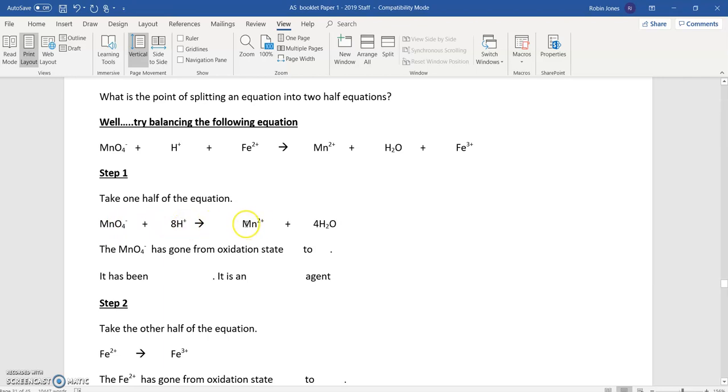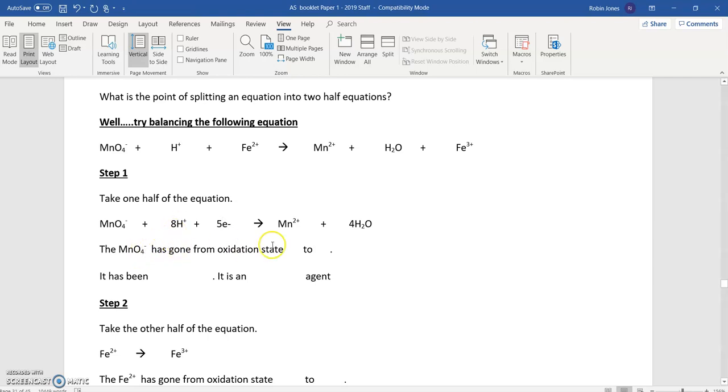On the right, there are only 2 pluses. So I'm going to need some electrons on the left-hand side to balance up the number of charges. I've got 7 plus on the left and only 2 plus on the right, so I'm going to need 5 electrons on the left.